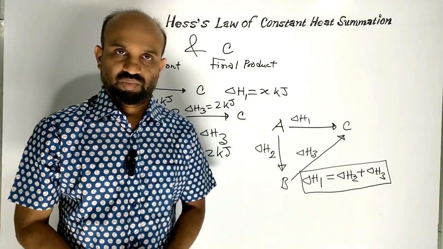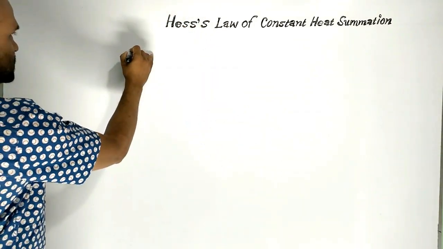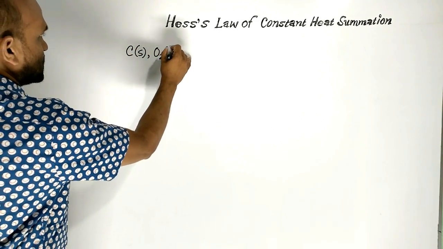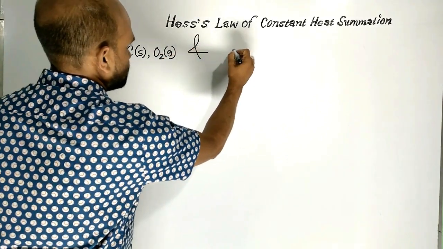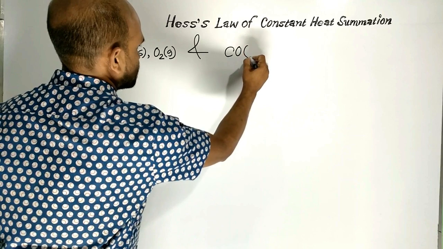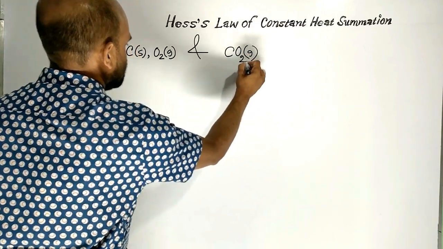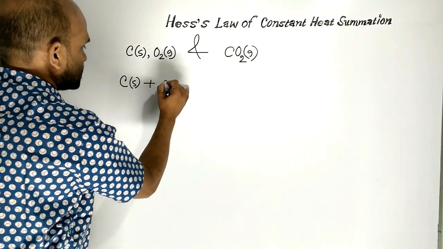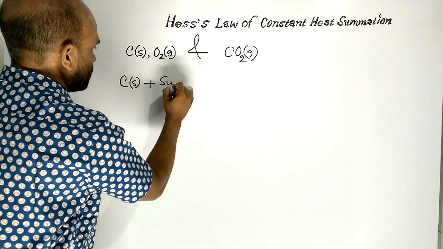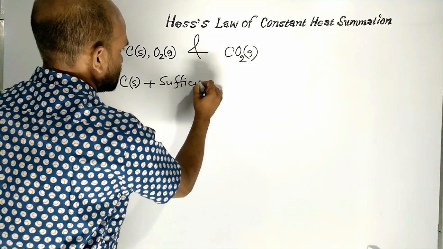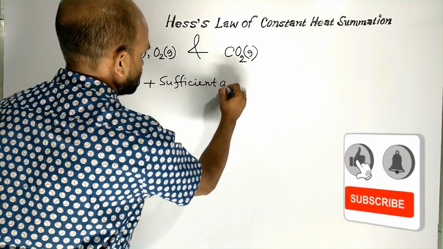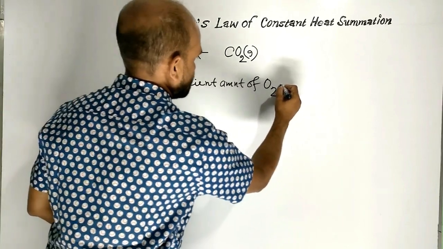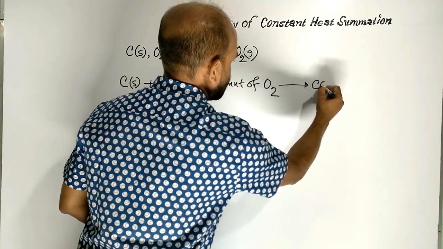Let us see one example. Reactants: carbon and oxygen gas, and product is carbon dioxide gas. When carbon is burnt with sufficient amount of oxygen, then carbon dioxide gas is formed.